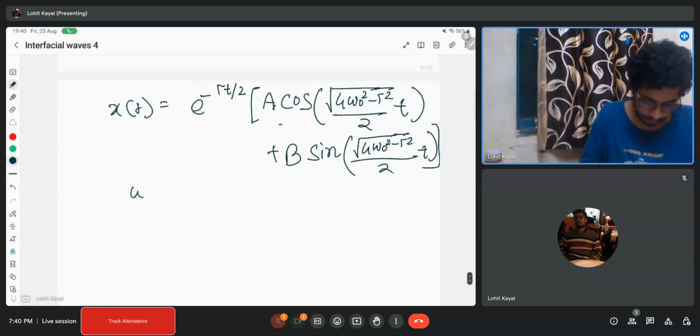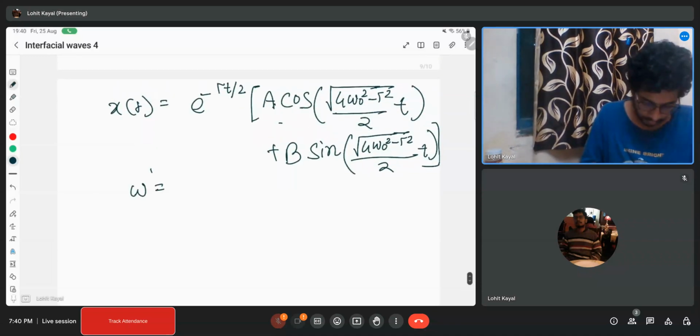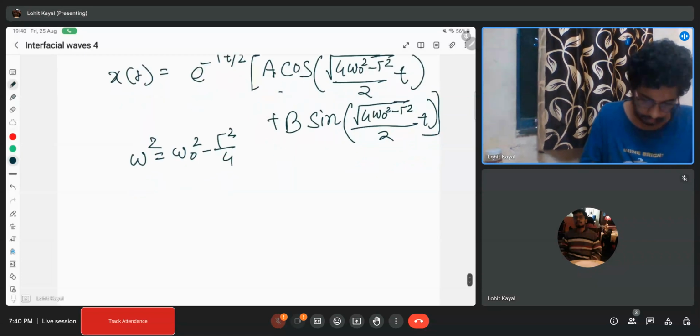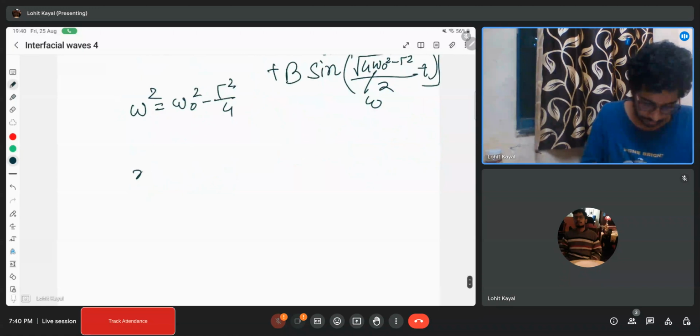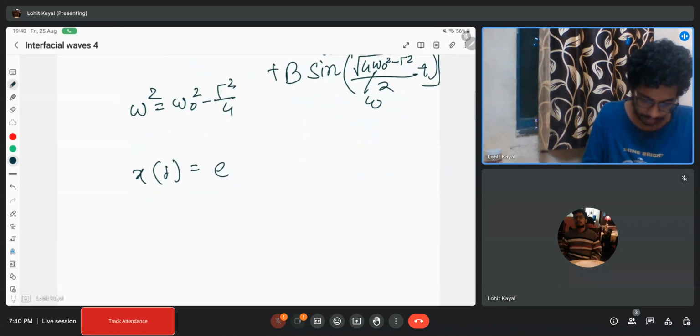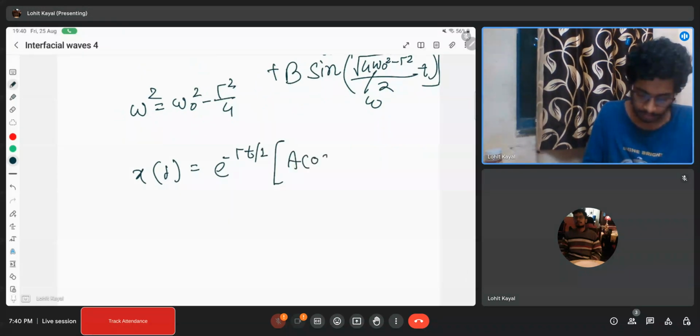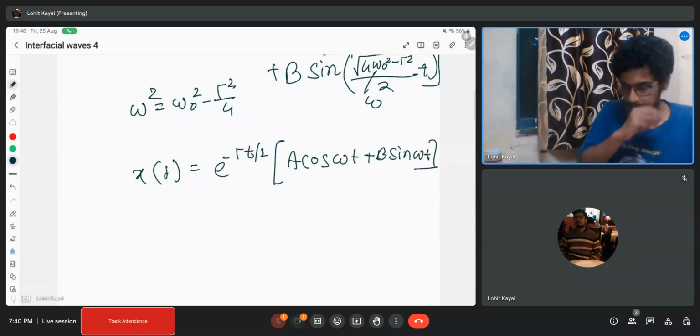It is given that omega square equals omega 0 square minus gamma square by 4. If I take this 4 outside, the square root of 4 becomes 2, so it will be gamma square by 4, and the 2 will cancel. So it is nothing but omega itself. So we can write x of t equal to e to the power minus gamma t by 2 times a cos omega t plus b sine of omega t.